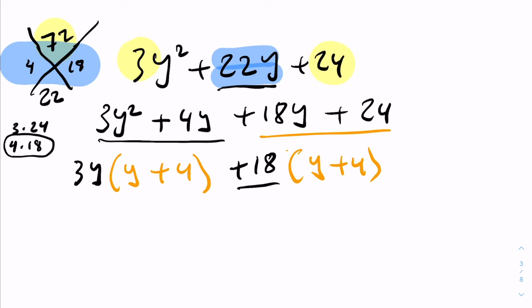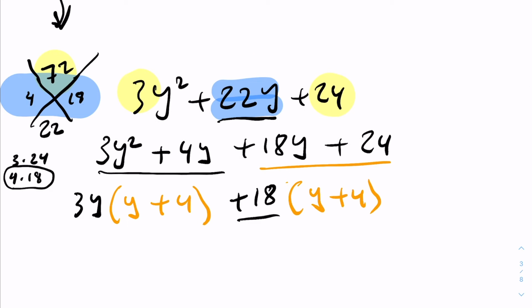No, something's wrong here. 4 times 18. Something went wrong somewhere. Oh, geez. What the heck did I do? Oh, there it is. Okay. Better start concentrating a little bit here.